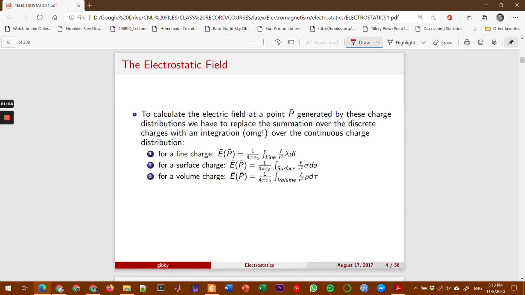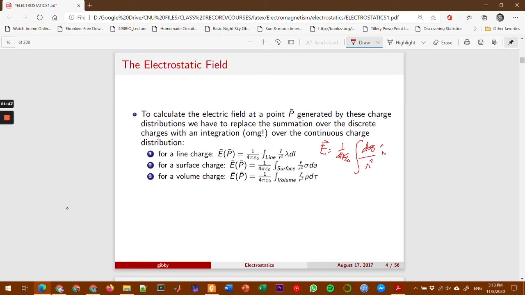Then we have the volume, 1 over 4 pi epsilon naught integrated over the volume given by this. So technically, ana lagi na siya. Basically, you have 1 over 4 pi epsilon naught dq over r squared, right?